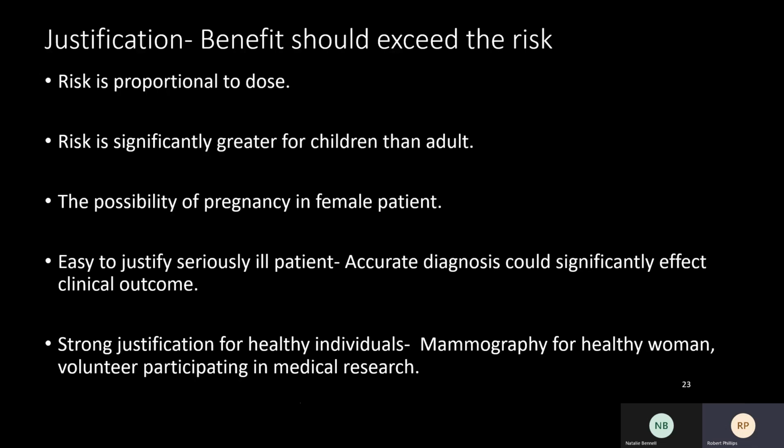It's easy to justify exposure in seriously ill patients because an accurate diagnosis could significantly affect the clinical outcome. However, strong justification is needed for healthy individuals, such as mammography for healthy women, and volunteers participating in medical research.